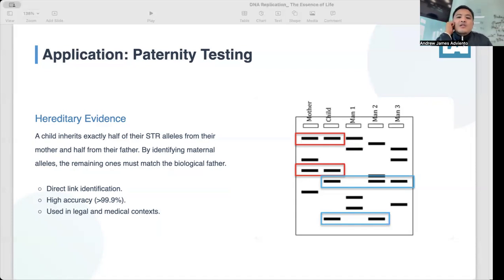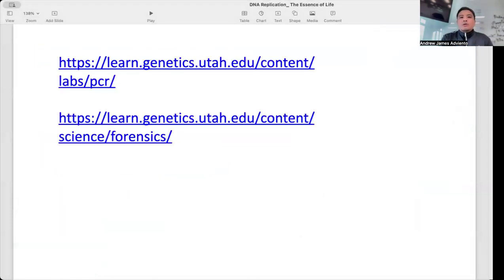Every remaining band in the child's profile must have a matching band in the biological father's profile. So if the man being tested does not have those specific bands, he cannot be the father. You will be doing both of these simulations after the video.